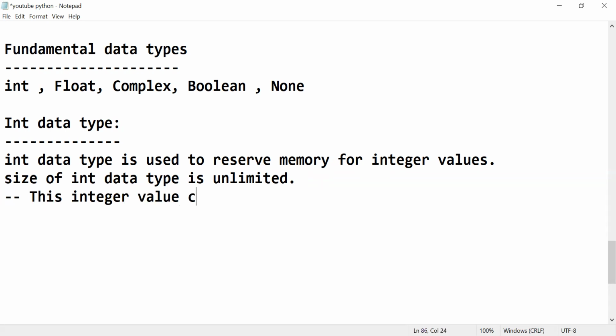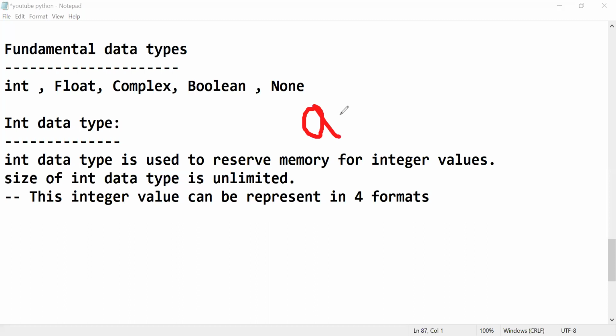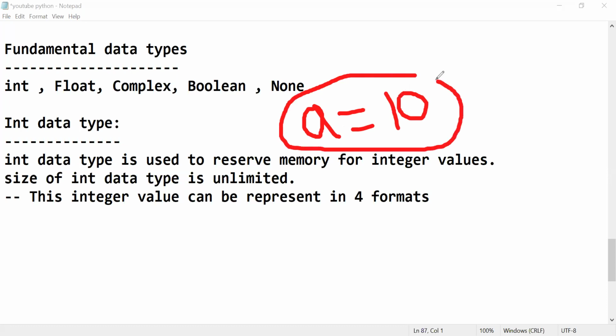This integer value can be represented in four formats, guys. Whatever value we are mentioning, like a equal to 10, this is an integer value. The value 10 we can represent in four formats. I will let you know what those four formats are.